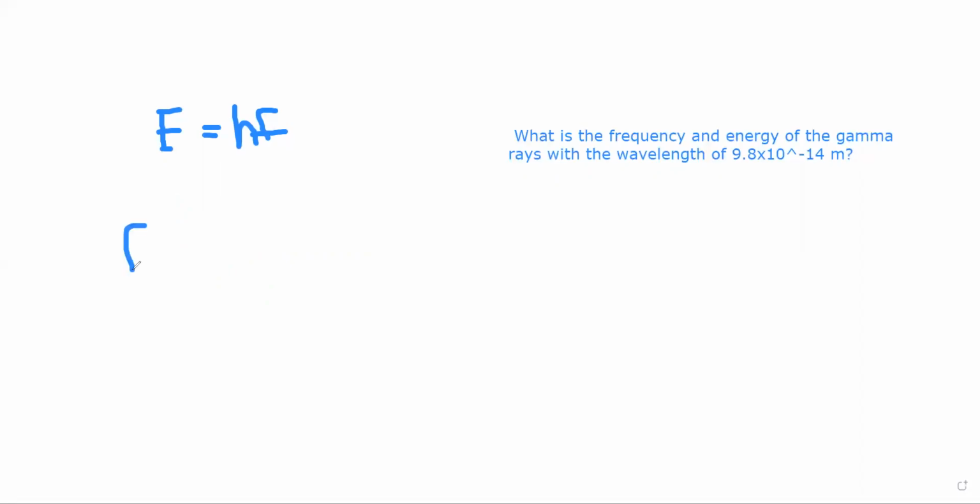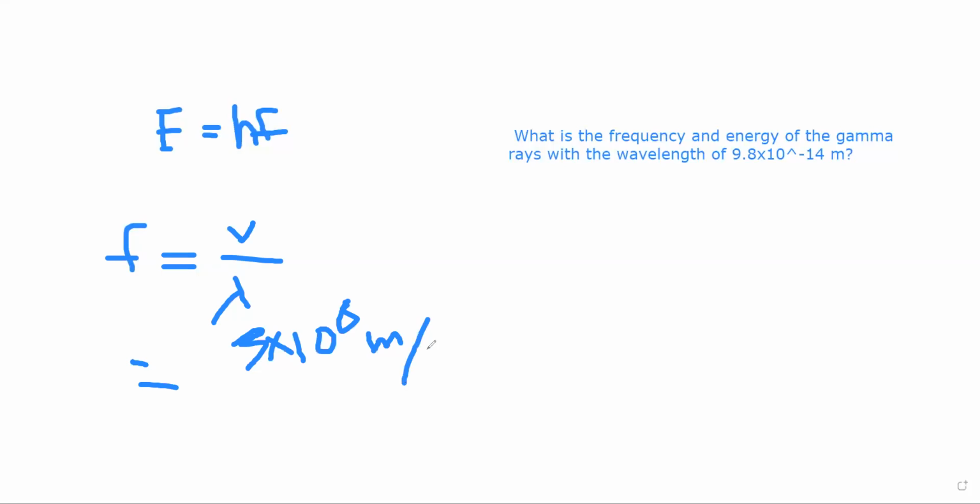So we have here the frequency is equal to the velocity divided by the wavelength. Okay, that's it. And then since the velocity is not given, it's a constant, the speed of light, 3 times 10 to the power of 8 meter per second.